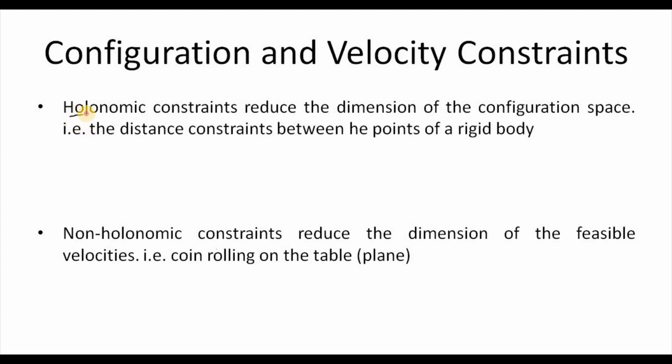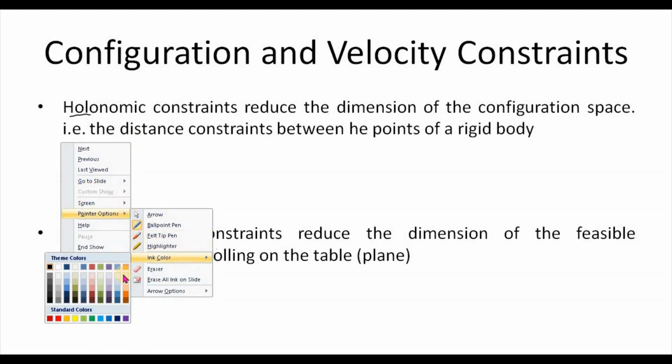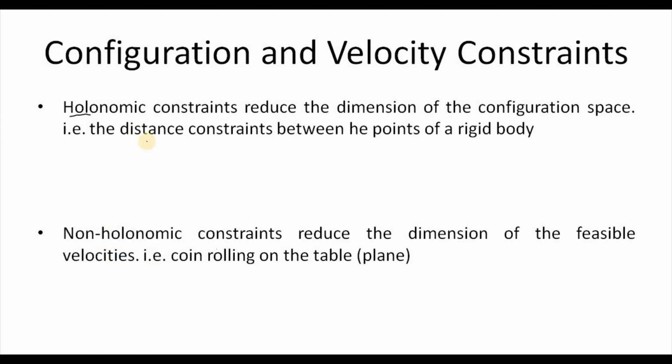First is the holonomic constraints. So what are the holonomic constraints? Holonomic constraints reduce the dimension of the configuration space. For example, the distance constraints between the points of the rigid body.